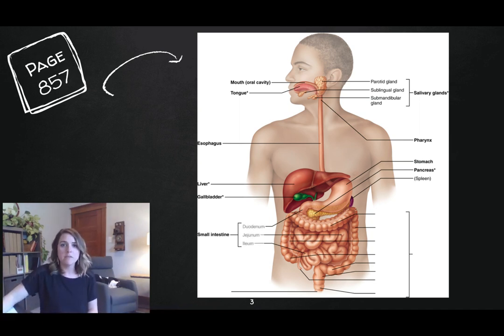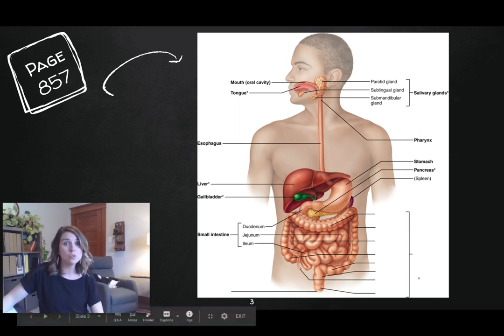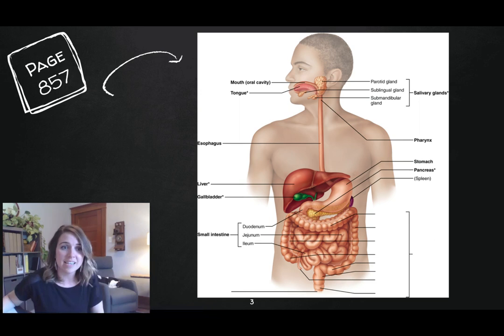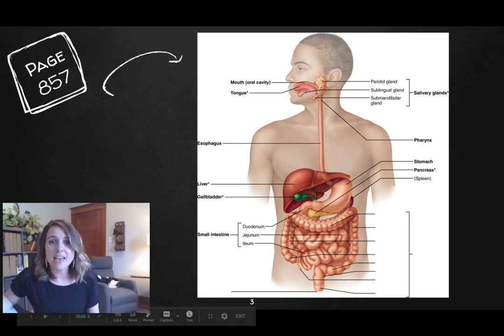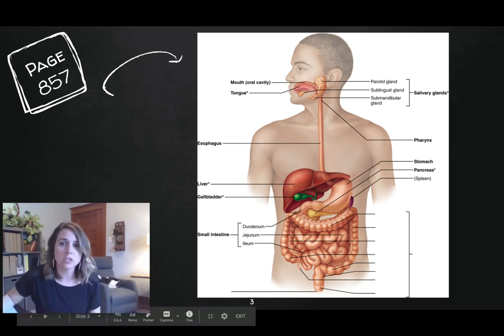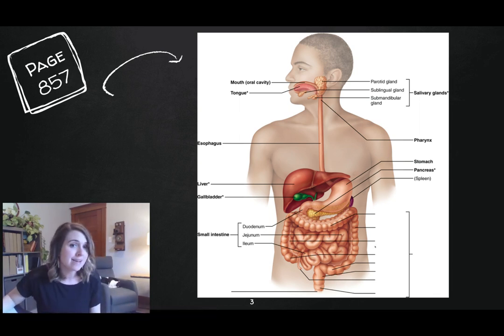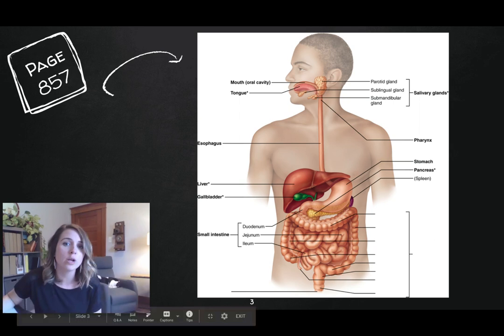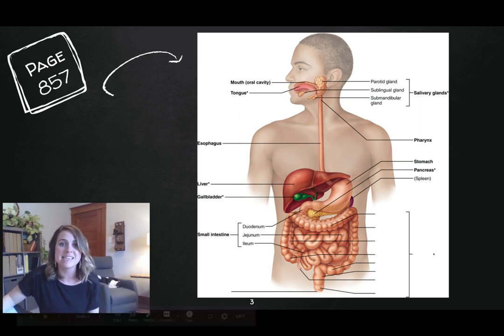The very top, right when it leaves the stomach and makes this kind of tight turn around the pancreas, is called the duodenum. And then the middle part, which is much longer and this main twisty portion, is the jejunum. And then the very last portion before it merges with our large intestine is the ileum.